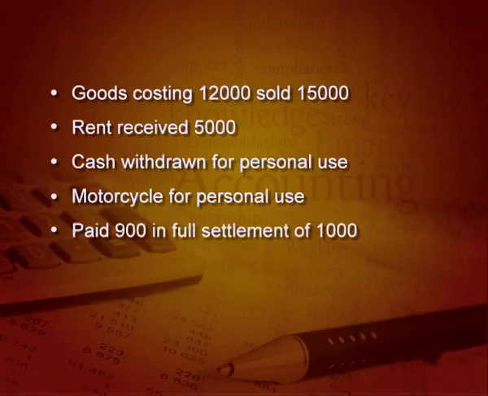See the next one, very important, paid 900 in full settlement of 1,000. So, you have to pay 1,000, but you are paying 900. So, you are earning a profit of how much? 100 rupees. So, now cash minus 900 and 1,000 will be deducted from the liability creditors, because ultimately your creditors get settled for 1,000, but they are getting 900.